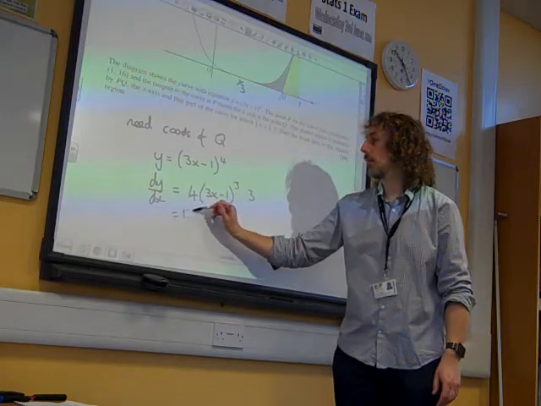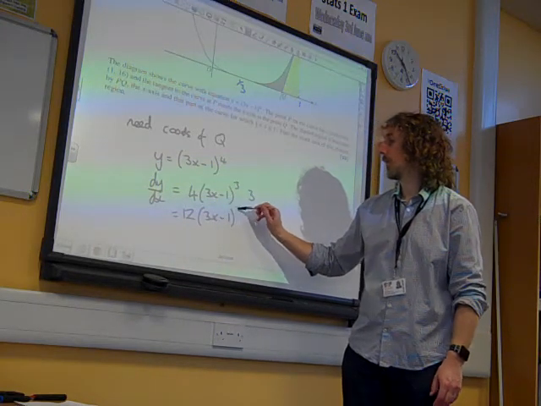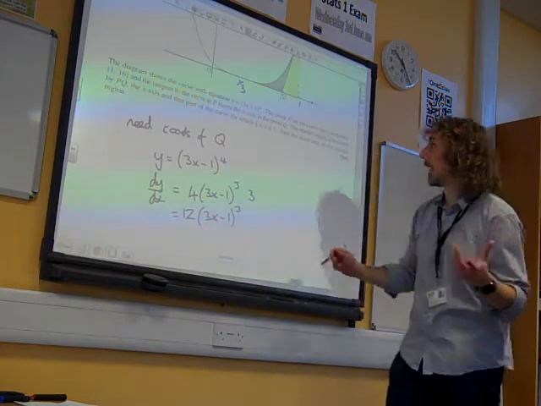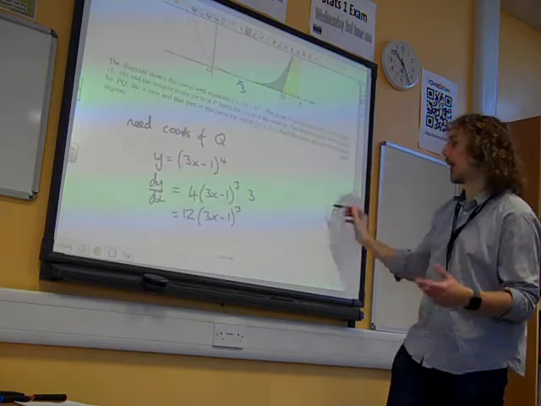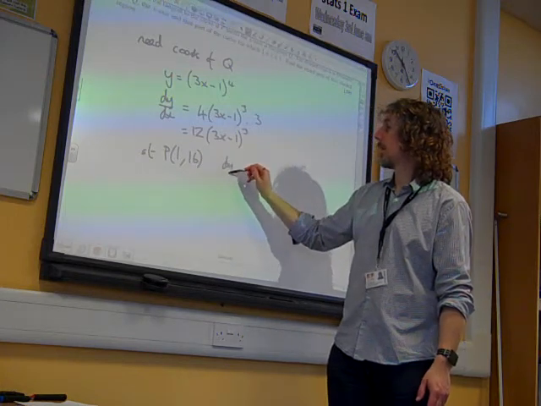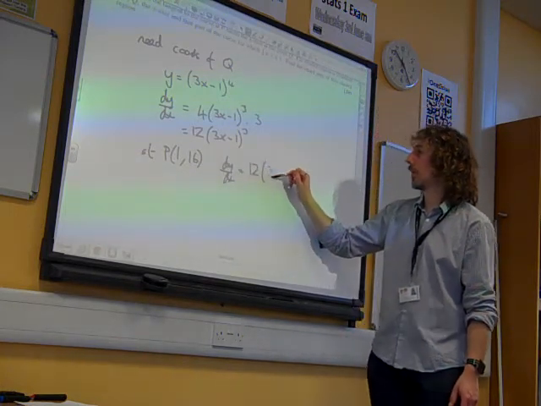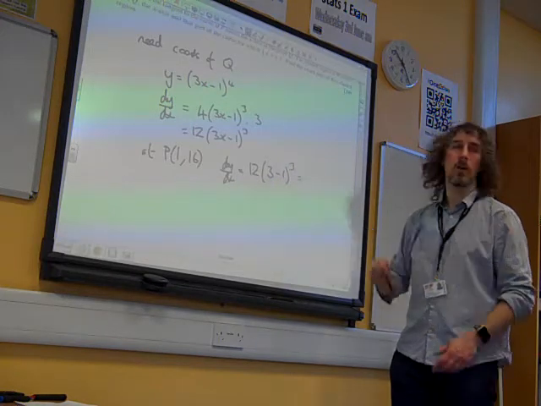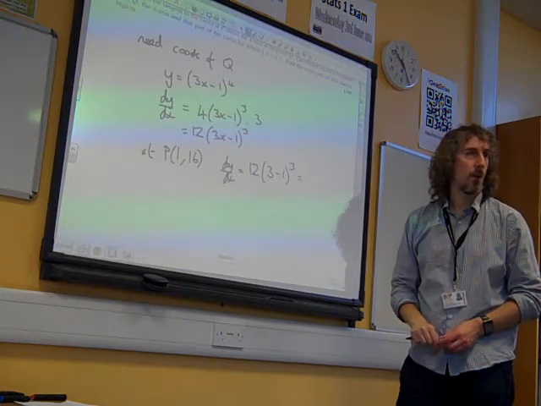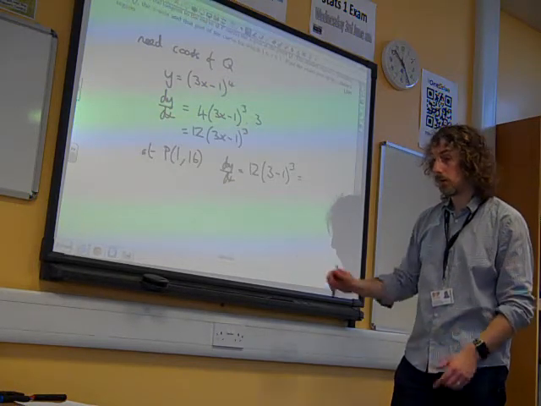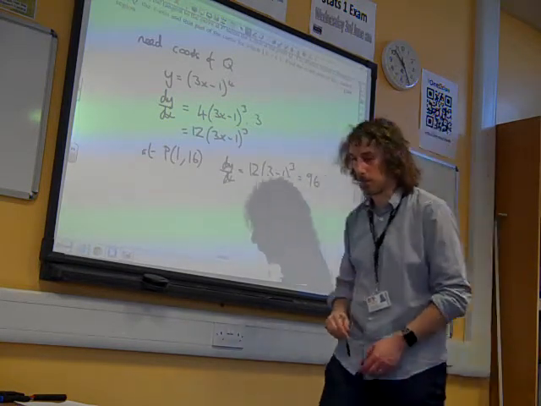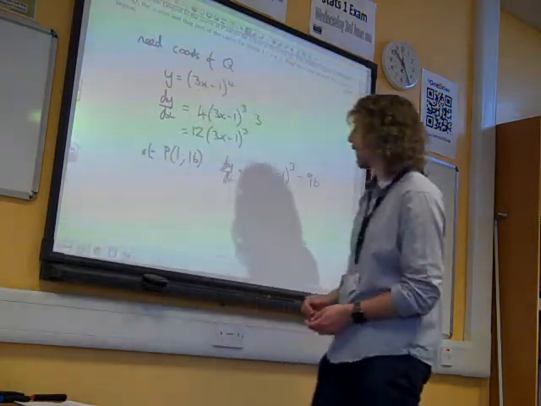So this is 12(3x - 1)^3. What we're interested in is the gradient at the point P, because it's the tangent at P. So at P, which is the point (1, 16), dy/dx is 12 lots of (3 - 1)^3. That's 12 times 2 cubed, which is 12 times 8, a pretty crazy gradient. Is that 96 that we've ended up with as our gradient? Okay.